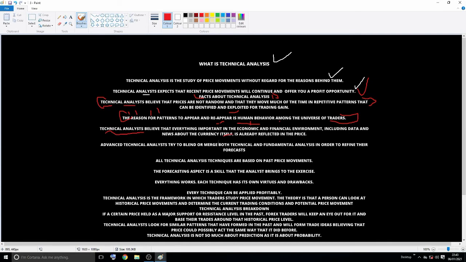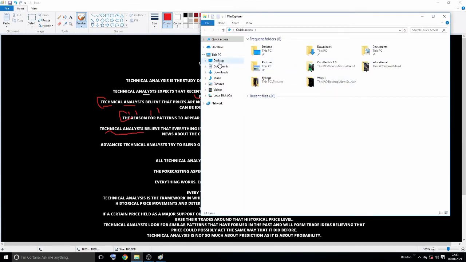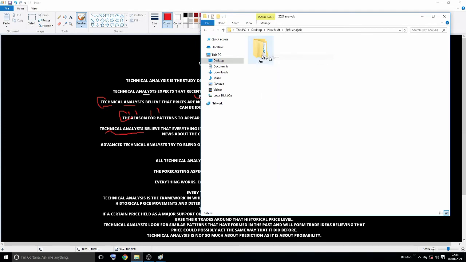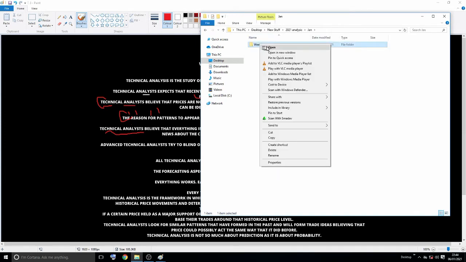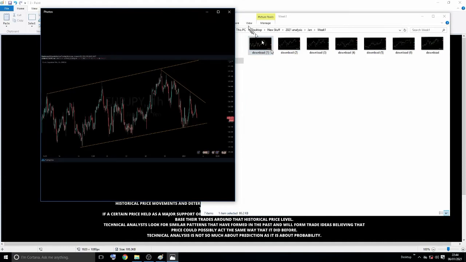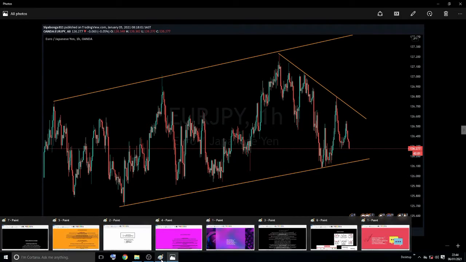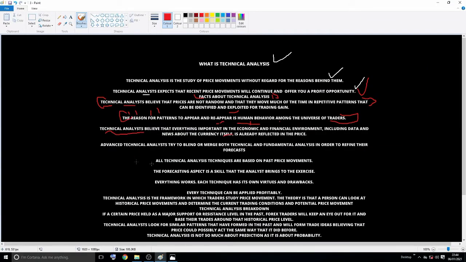So people who trade technical analysis believe that everything you need to know about a particular currency pair is already reflected on what you see on the screen right now. Everything you need to know is already reflected on that screen.